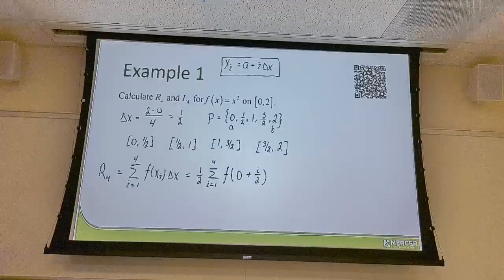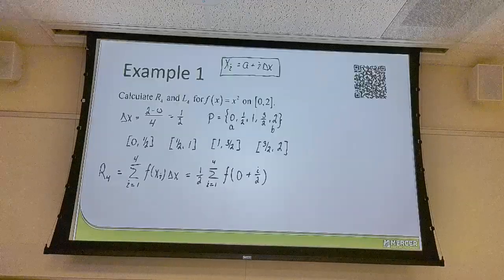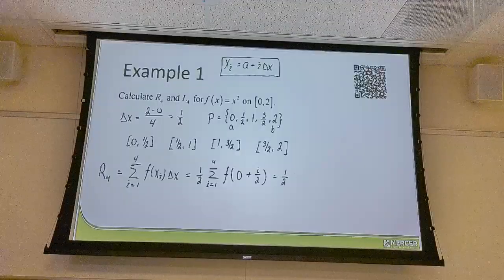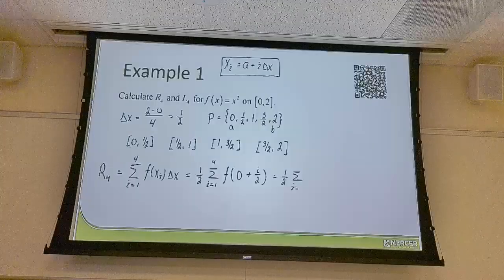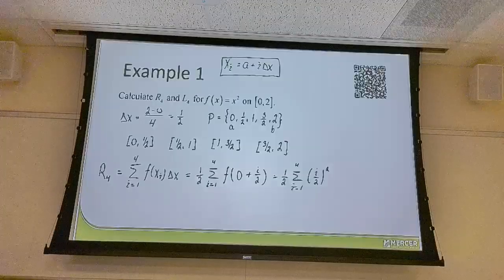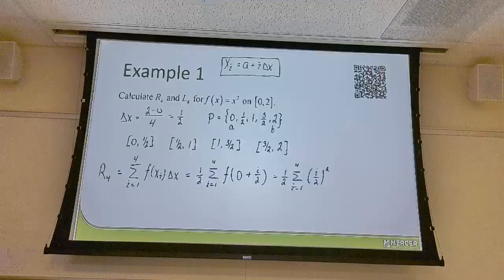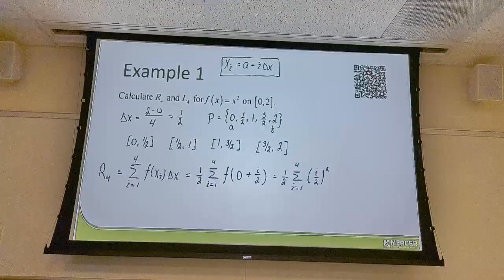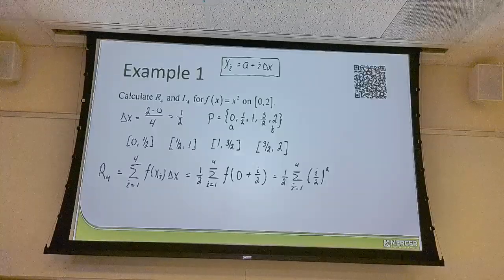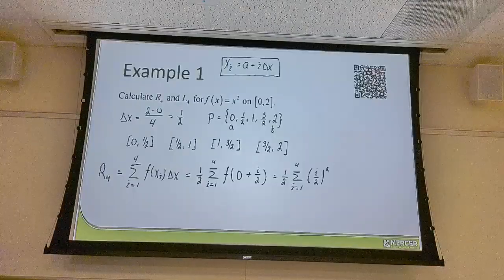But f of x is just x squared, right? I'm actually not going to have to worry about calculating x squared for each endpoint because we know the sum of i squared is one of those forms.